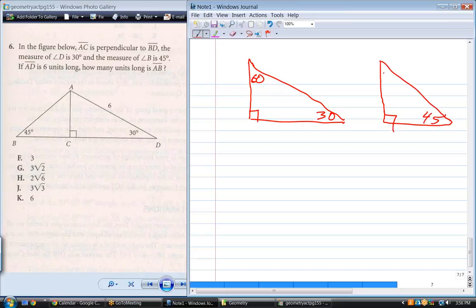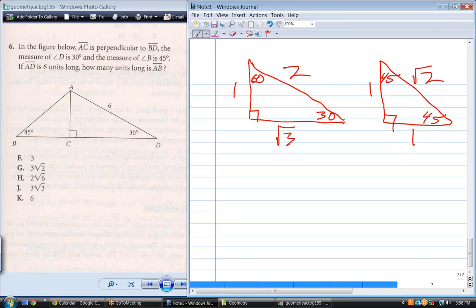Notice the two small angles always add up to 90 here, since this is 90 and the sum of all three of them has to be 180. Now, I call these the unit triangles because opposite the smallest side is 1. Those are the dimensions of these two special triangles.